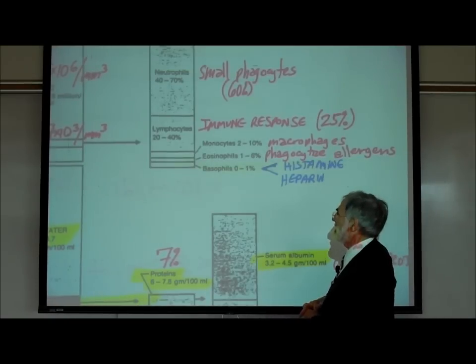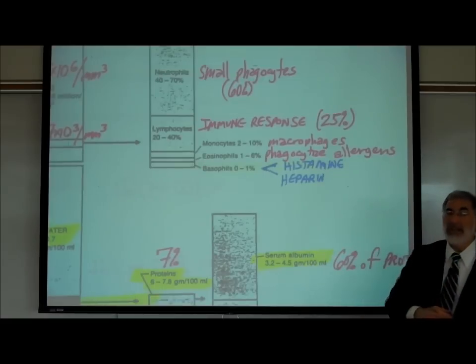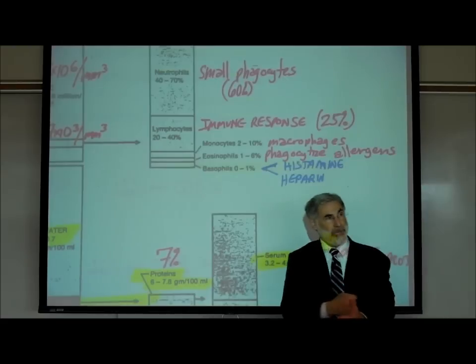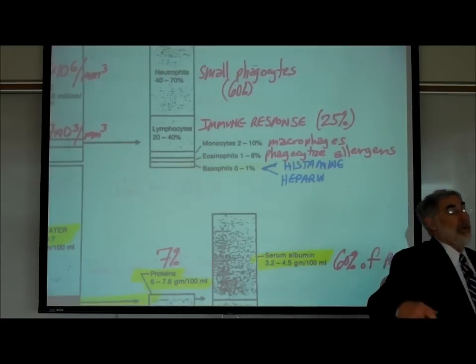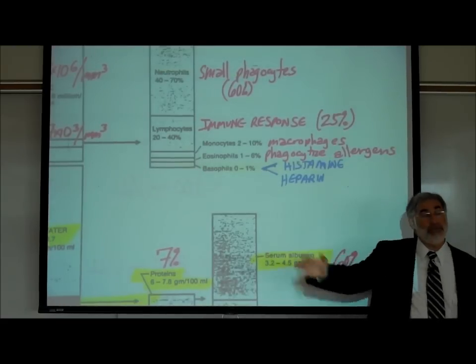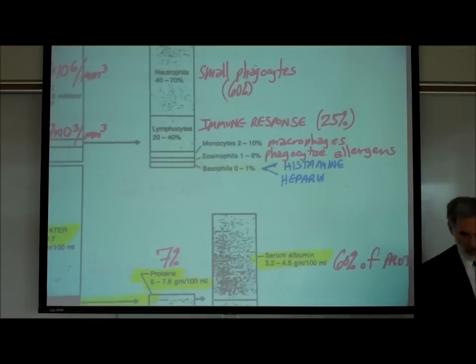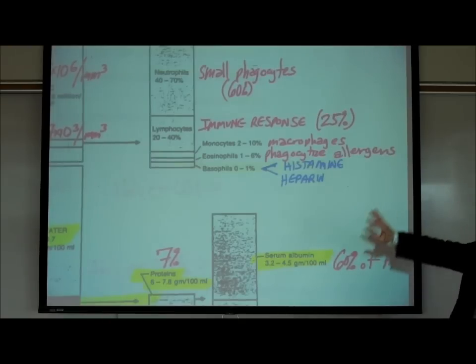It can lead to anaphylactic shock. And heparin is an anticoagulant. We had mentioned that heparin is used in the hospital to prevent blood clotting. Well, we have white blood cells, basophils, that naturally produce heparin. So there are a lot of cells and a lot of chemicals involved in blood clotting. Okay, so that's the big picture.